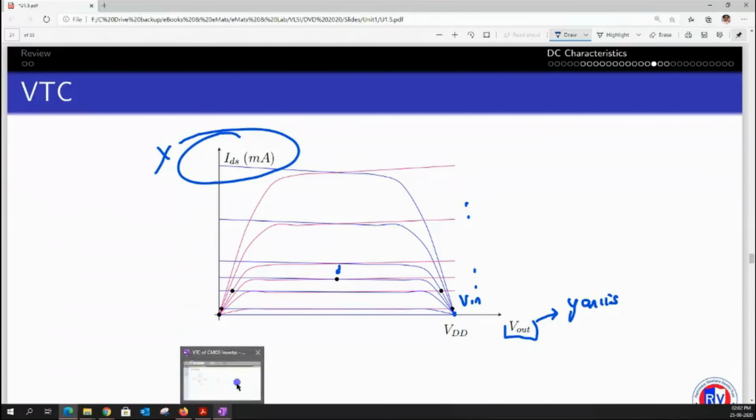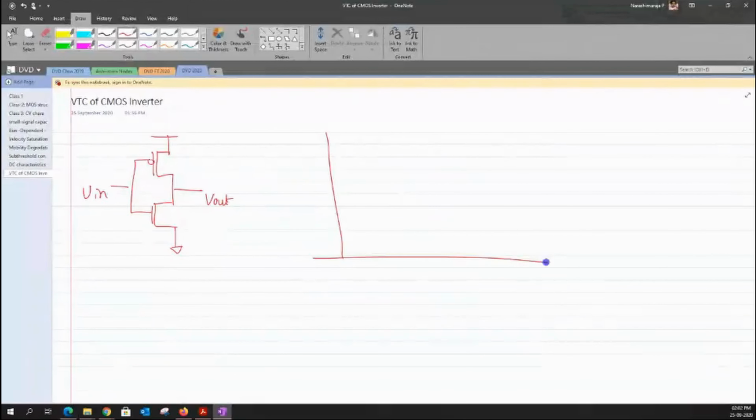So I'll just draw the graph of it, where I have Vin on the x-axis and Vout as my y-axis. Clear? We know that when the value of input is at 0, or within the range between 0 to VTN, this bottom transistor, which is N1, was completely off, but the PMOS was on.